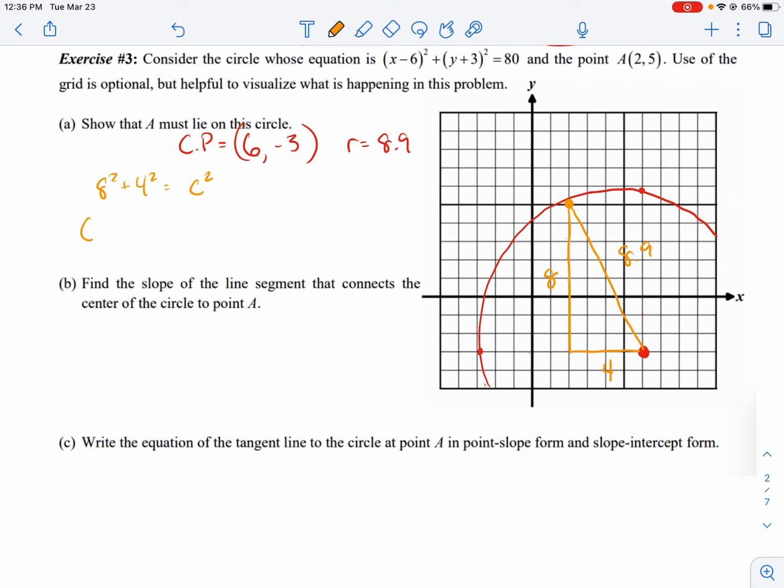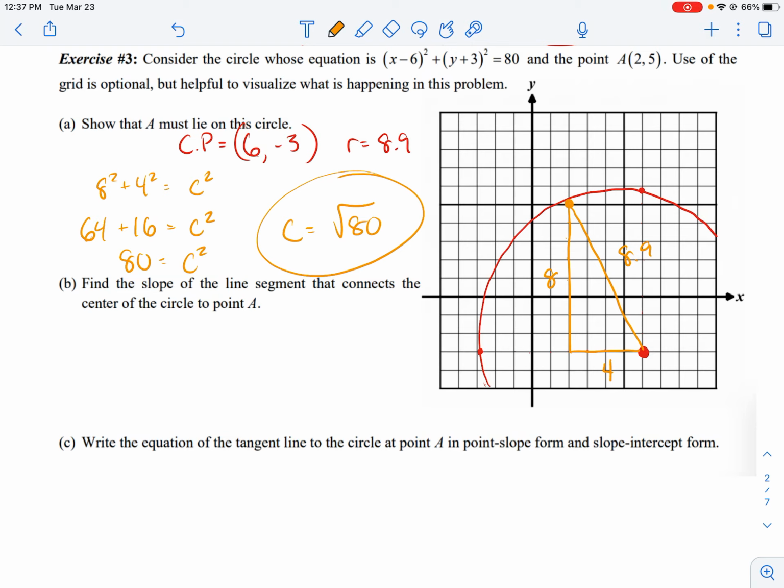So this is going to be 64 plus 16 is equal to c squared. This is going to be 80. And then c is equal to the square root of 80. So we're good, right? It falls on the circle, right? We just found that this radius right here is 8.9. So we're good.